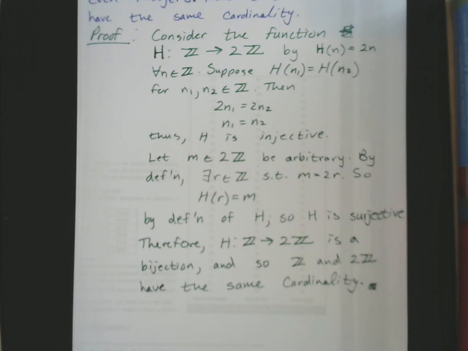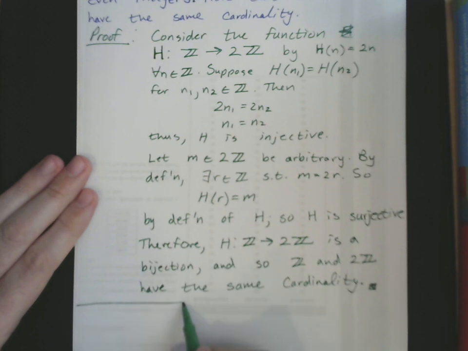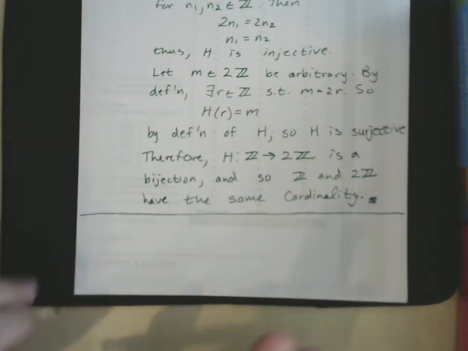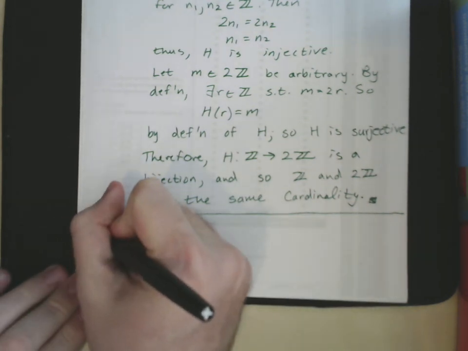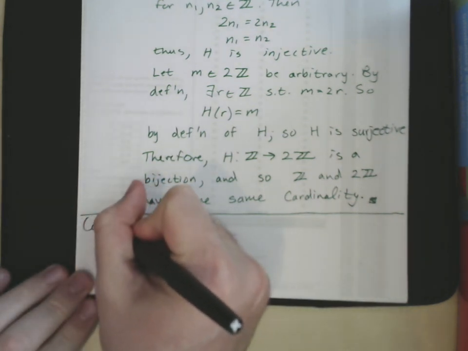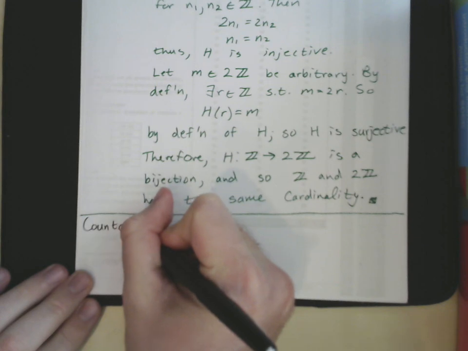But because they're infinite, it does weird things to our sizes, and more so to the countability. So countability is a really interesting problem, and in number theory, it's one of the most studied properties.